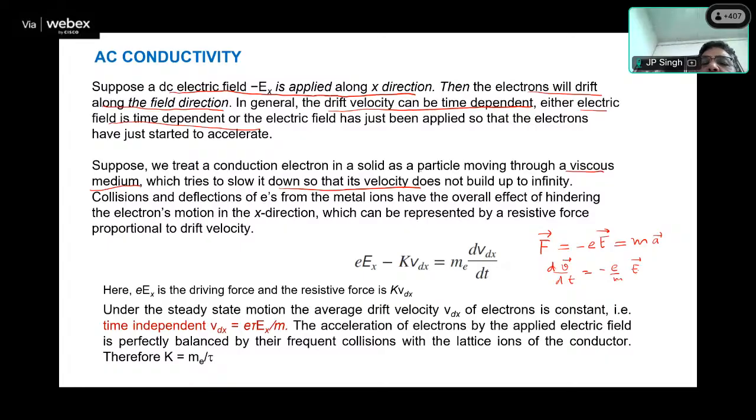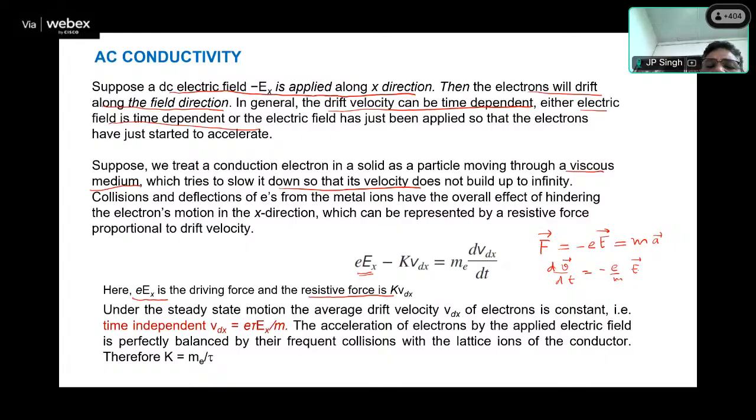So I can assume this solid as a viscous medium, and write down an equation of motion. This is the force applied on the electron, minus e times E_x, and then we will have a resistive force. My driving force is due to the electric field, and there will be a resistive force because of the scattering centers.